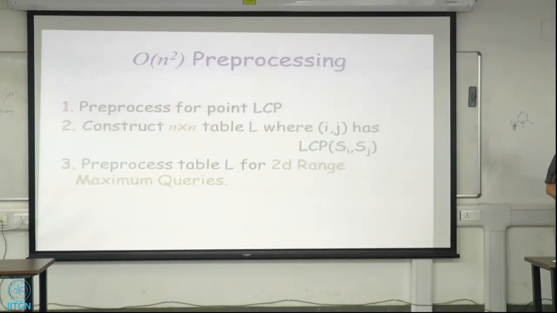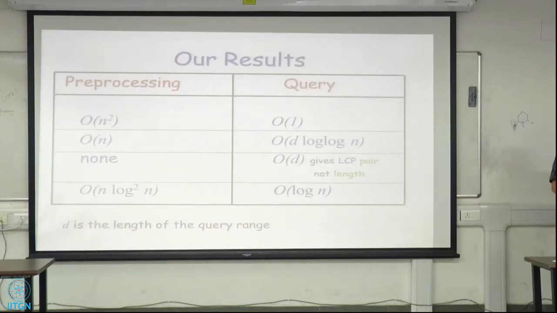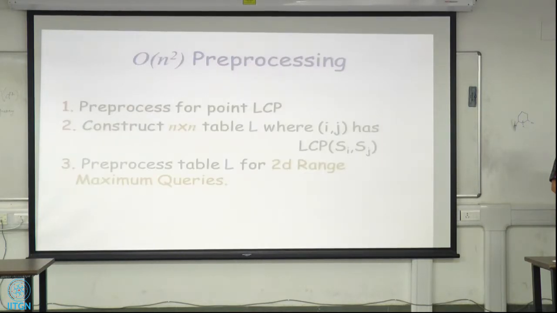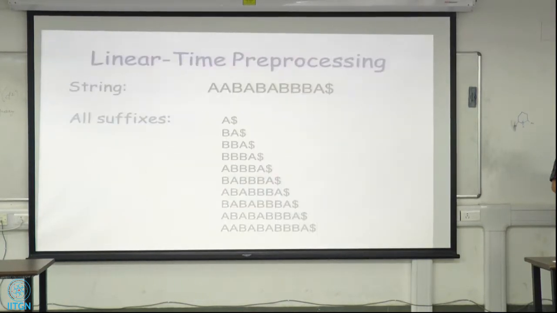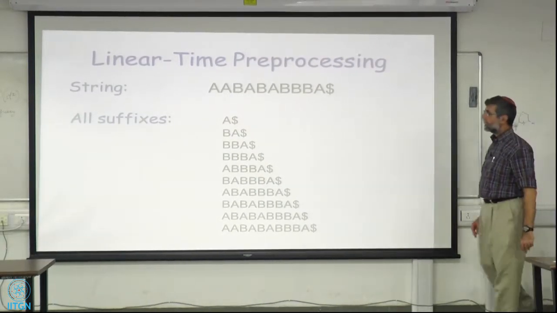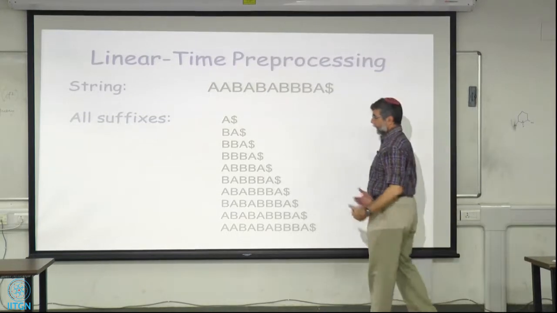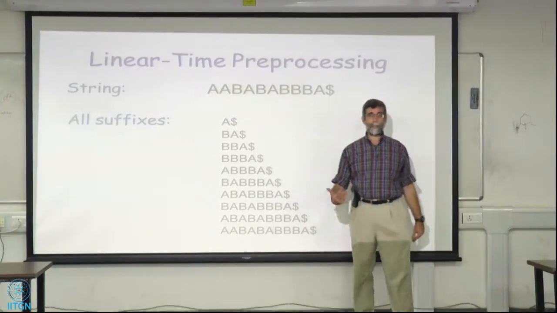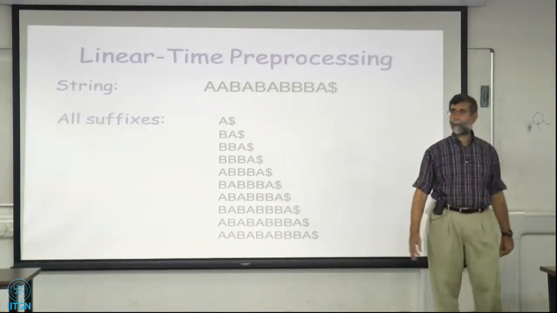Let's see what that one was. Okay, so now we want to do O of n preprocessing, and then the query in time O of d log n. So now we're going to have a linear time preprocessing. All right, we're going to now do something else that we have done before and we love to do.